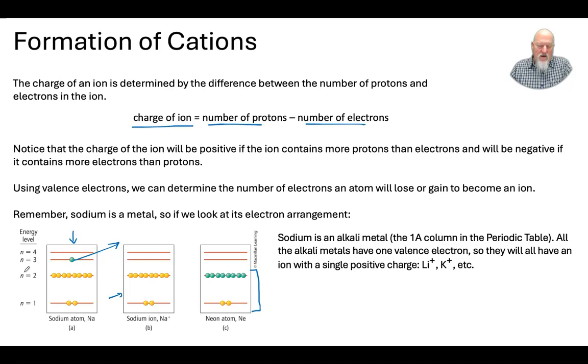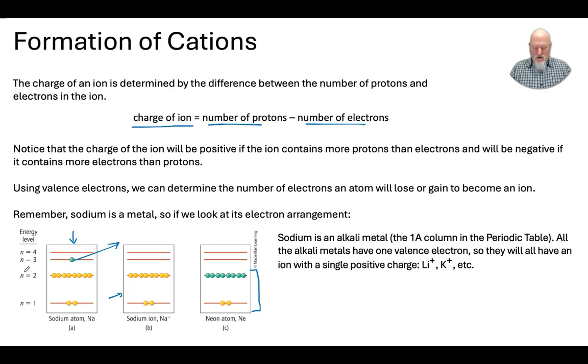Now, there's a difference between sodium ions and neon atoms. Remember, while the electrons might be exactly the same, the nucleus is different. The number of protons in sodium is 9, I believe. Nope, it's 11. And the number of protons in neon is 10.